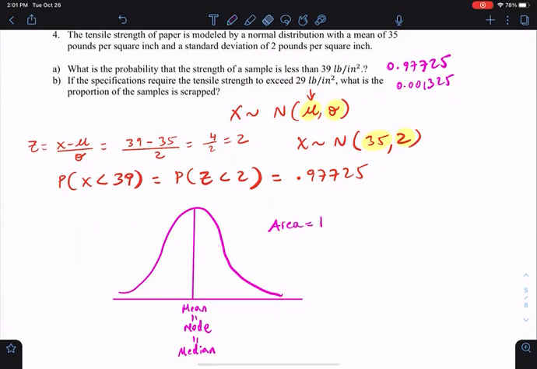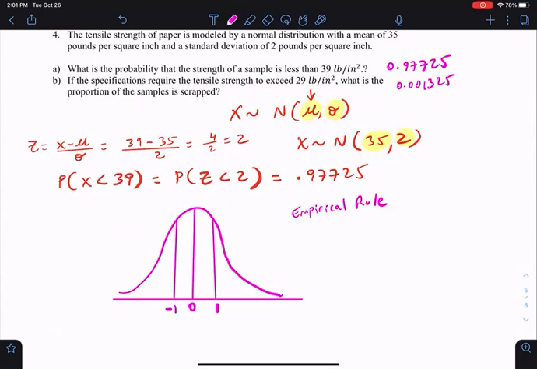Now, those are some properties. You have to remember that when you standardize the normal distribution into a standard normal distribution, the mean is 0, and there is one standard deviation above the mean and one standard deviation below the mean. This is called the empirical rule. One standard deviation above is 1, one standard deviation below is -1, so that covers 68% of the area.